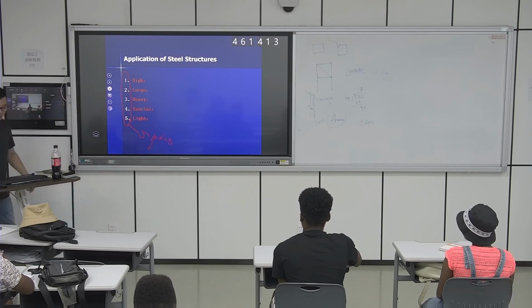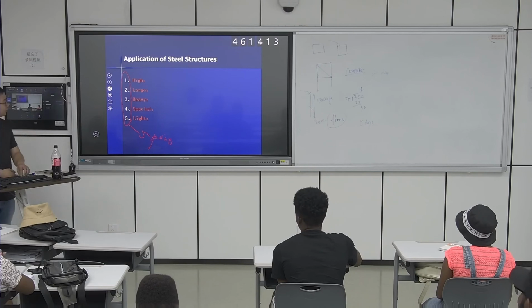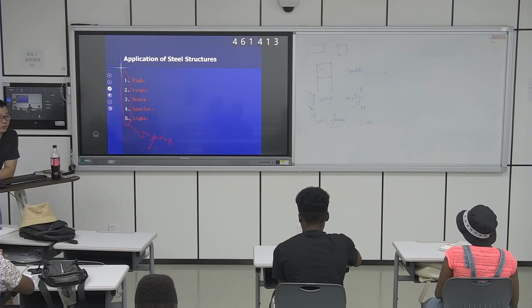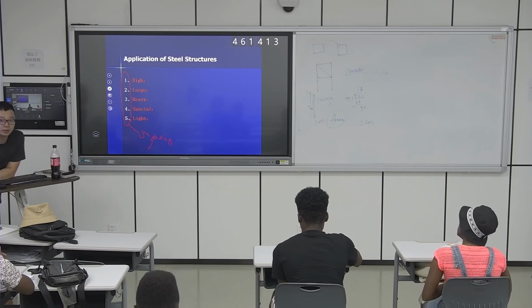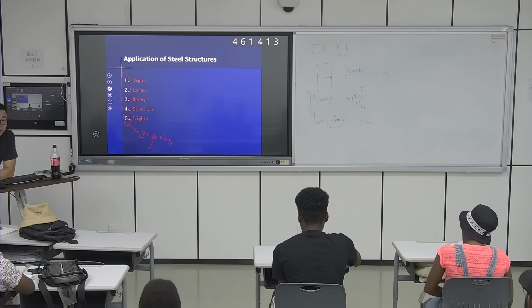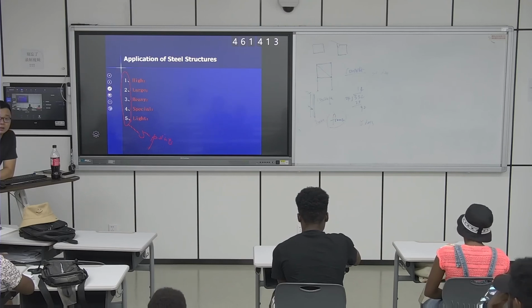Now you can imagine in your mind for this point, for this keyword, right? For the steel structure, why it is high, why it is light, why it is heavy, why it is special, why it is light, right?